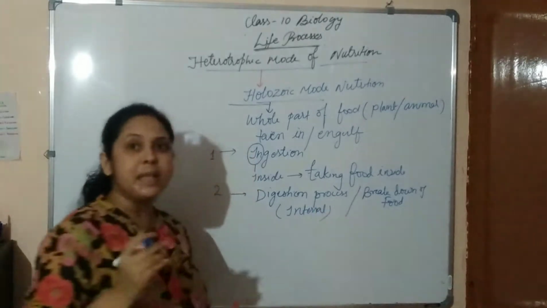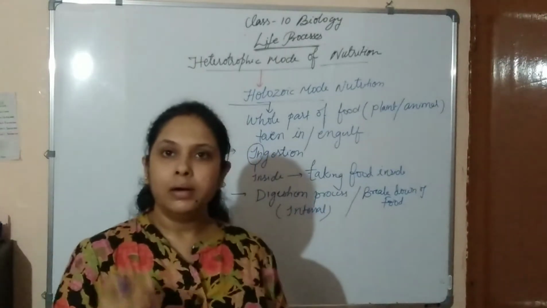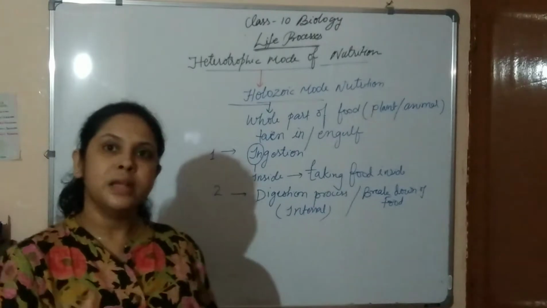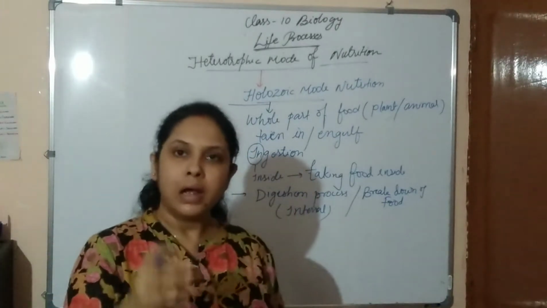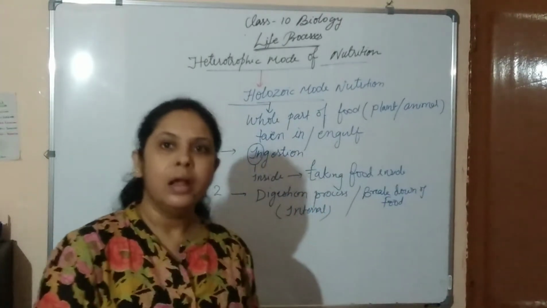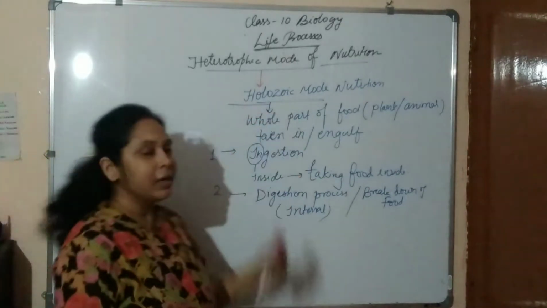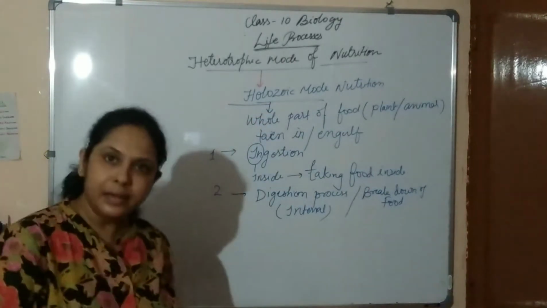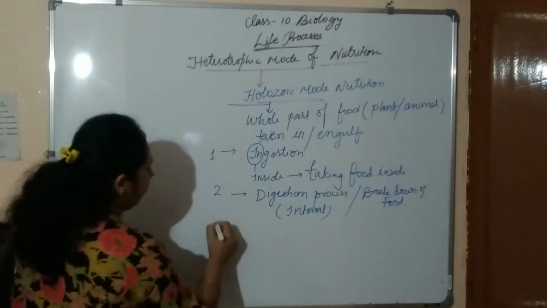And we know that in the saprophytic mode of nutrition, organisms pour their enzymes and the digestion occurs externally. But in the holozoic condition, digestion occurs internally, inside the body.